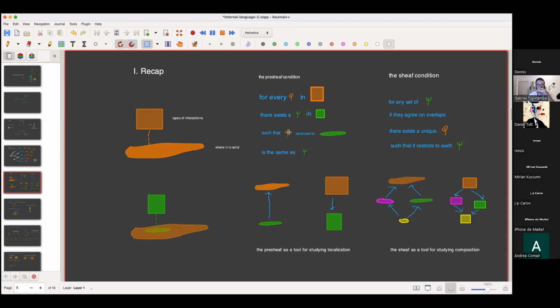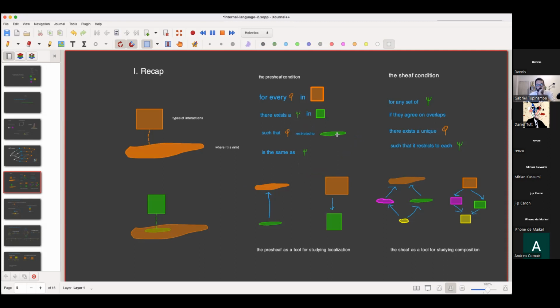when you restrict the phi interaction to this little green zone within the orange zone, right? It's a sub part, a sub region of this larger space. When you restrict it to that region, you get this psi, right? This orange interaction and this green interaction are the same from this green zone.